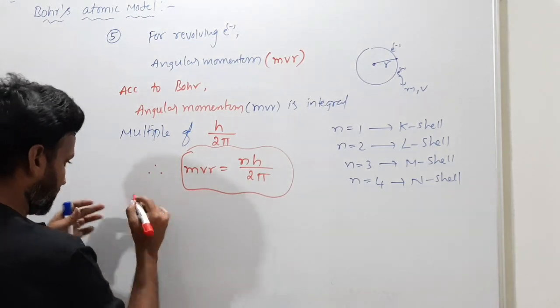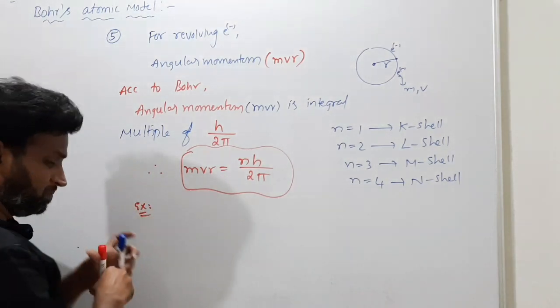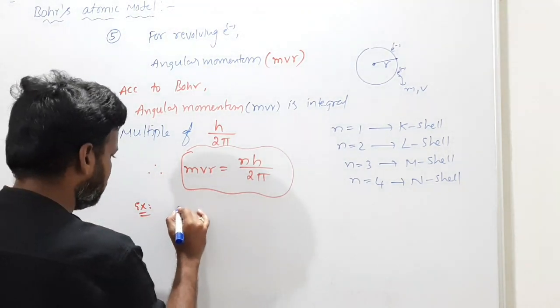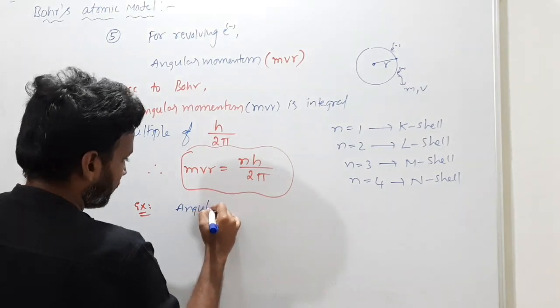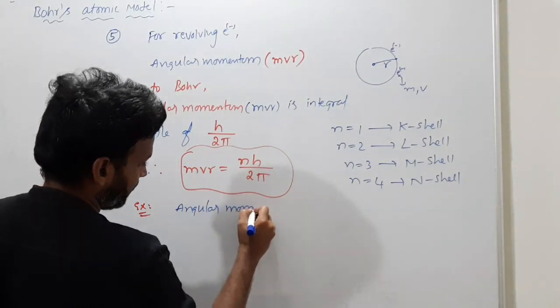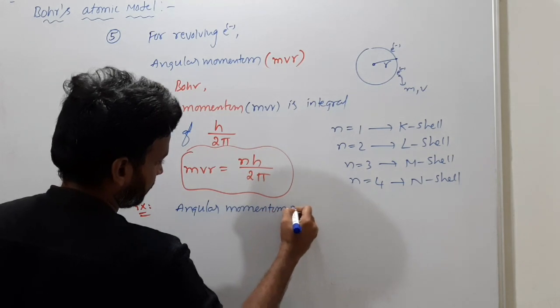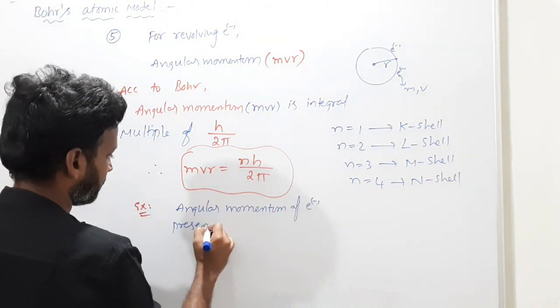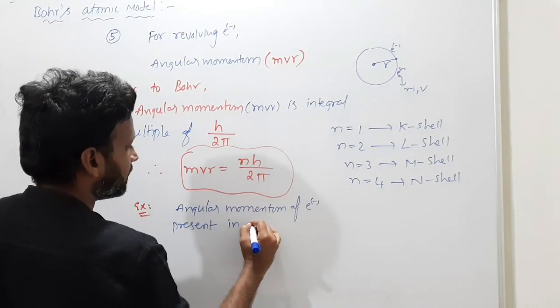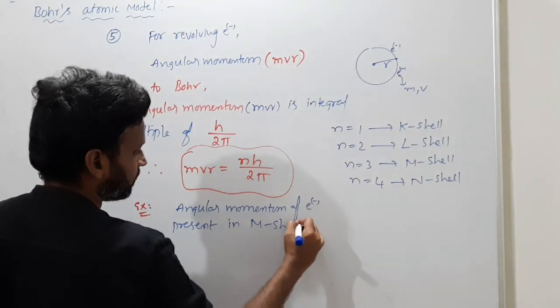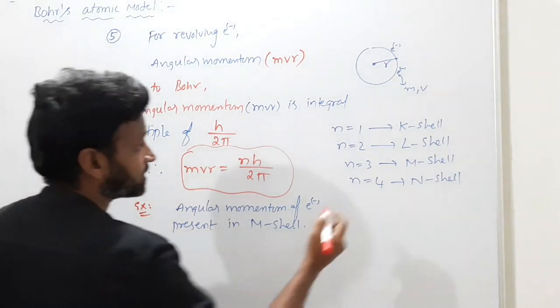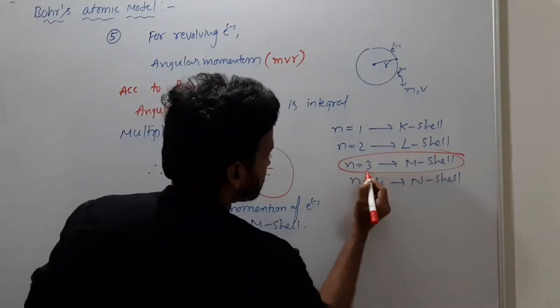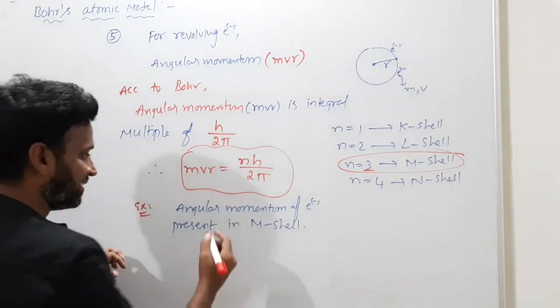Suppose, for example, what is the angular momentum of an electron present in the M shell? If they ask about the M shell, what is the n value here? 3.